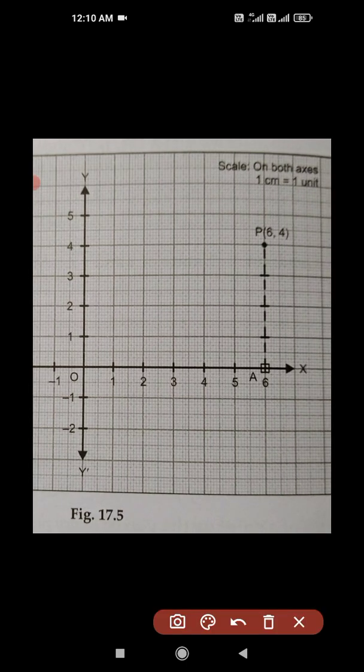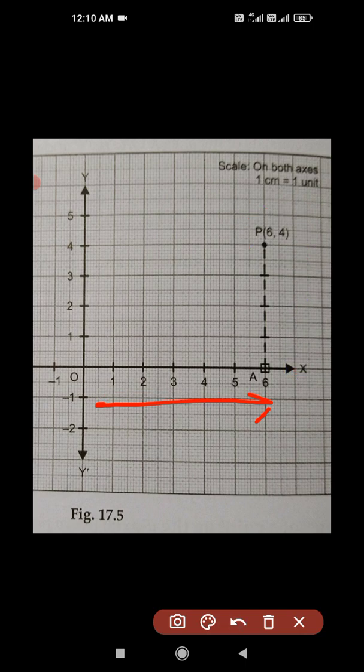The easier way is, as P is (6, 4), both x and y are positive, you move 6 steps on this side, and y is positive, so you just move upwards 4 steps. You will stop at this position. This is the position of P (6, 4). Let me repeat, P (6, 4), so you move 6 steps on this side, and then y is positive, so you just move 4 steps upward.